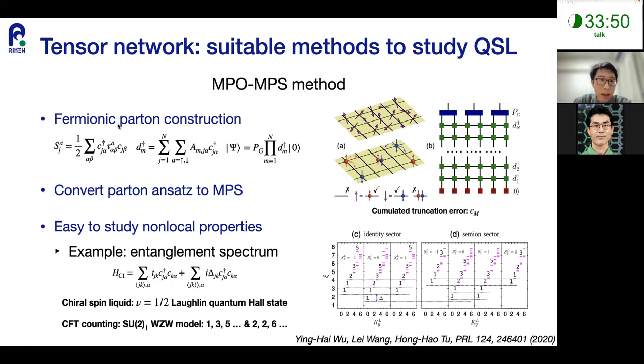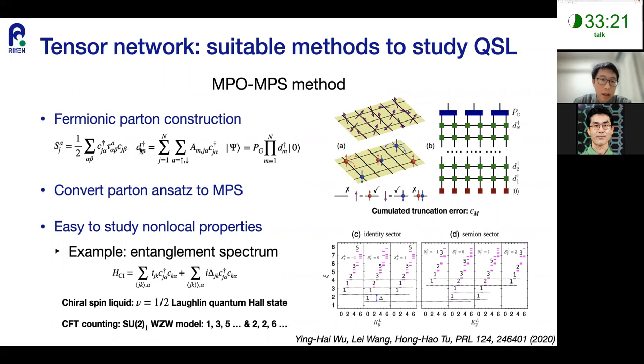We can use the fermionic parton construction method to study quantum spin liquid. The basic idea is we can use these fermionic parton operators to reformulate the original spin operators and then rewrite the Hamiltonian. And then we can treat the Hamiltonian at the mean-field level.